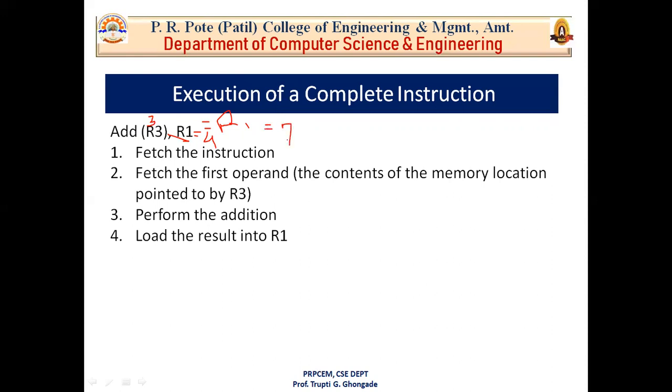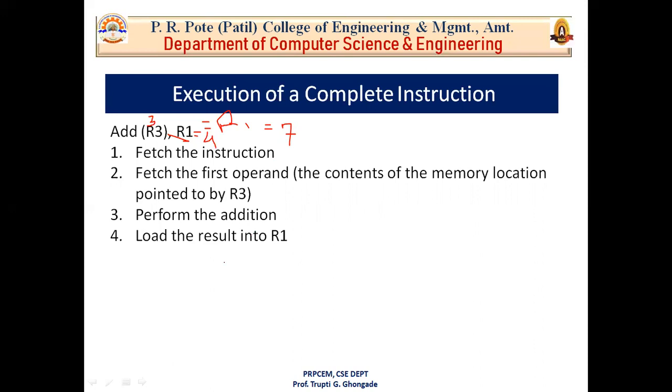So what is the new updated content of R1? 7. The original contents of R1 are 4, and after performing the addition and storing the result into R1, the contents of R1 will be updated and it will become 7. So perform the addition and load the result into R1.